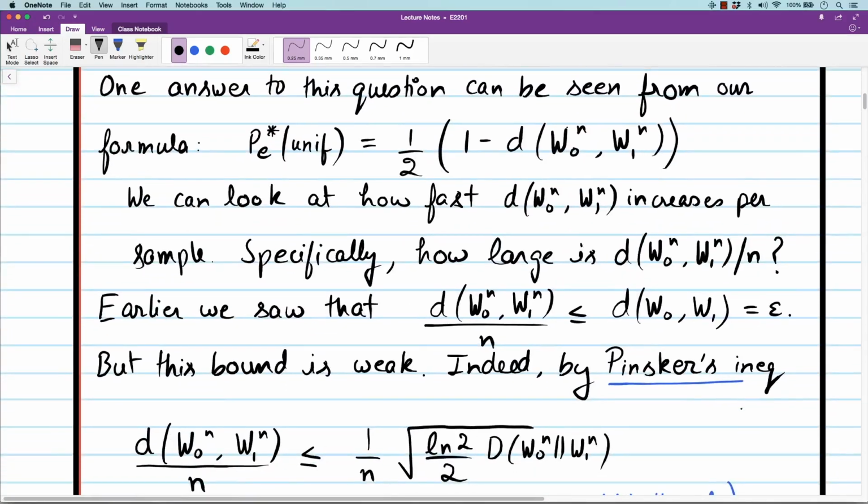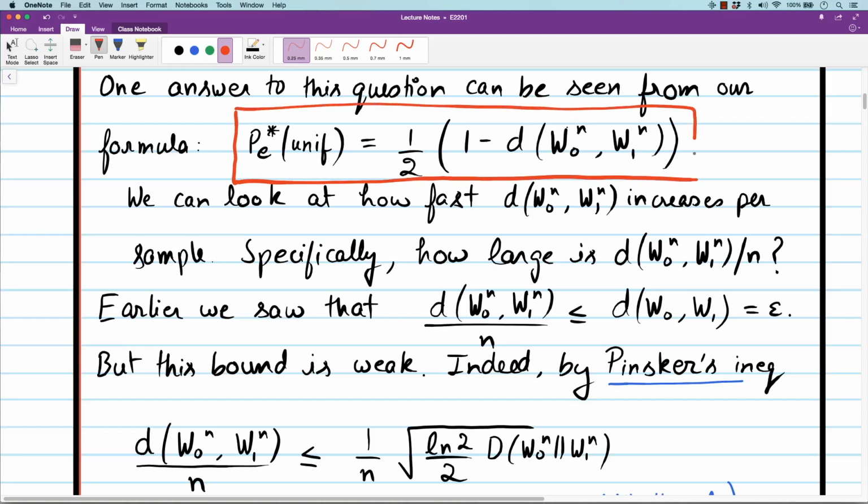There are various ways to formulate and answer this question. The first answer can be seen from the following formula, which we have been seeing again and again in this course. It's an important formula you should remember: for a uniform prior, the minimum probability of error that you can attain is half times 1 minus the total variation distance. What we can try to understand is how fast this total variation distance goes to 0, and how much it reduces per coin toss. That will give us an estimate of how much information we get per coin toss.